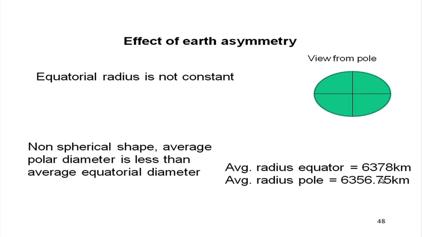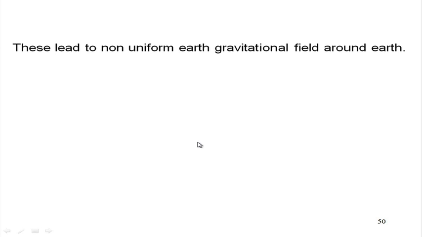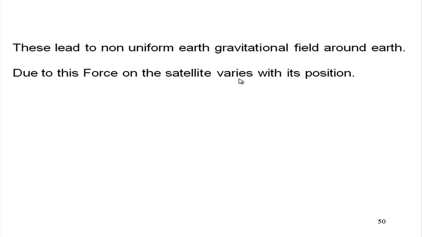It is different, that is what is important. Then Earth gravity at the equator is 9.78 meter per second square, at pole is 9.83 meters per second square, taken from some books, but it is non-uniform, that is important. So therefore, it leads to a non-uniform Earth gravitational field around the Earth, and due to this, the force on the satellite varies with its position.